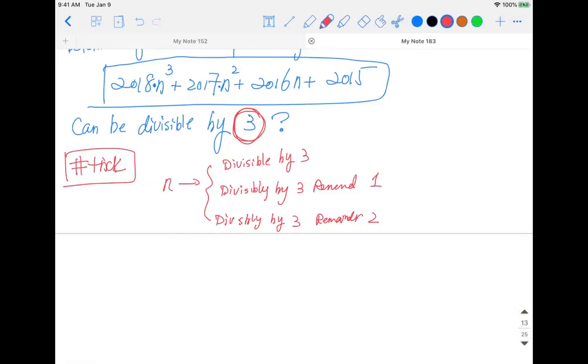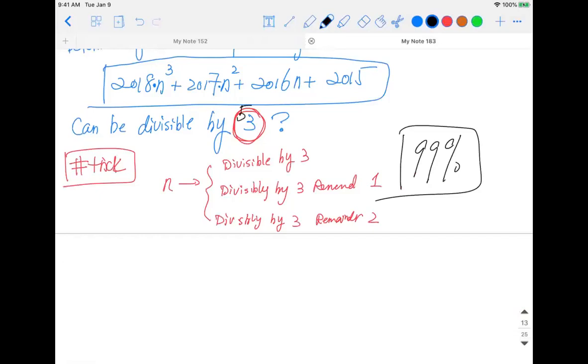A number divided by 3, either the remainder is 0, remainder is 1, remainder is 2. If the question asks you divisible by 5, then you just break down 5 different cases: divisible by 5, remainder 1, 2, 3, 4. You break into 5 cases. I think this will cover 99% of the problem. I can't be very absolute, but 99% should be no problem.